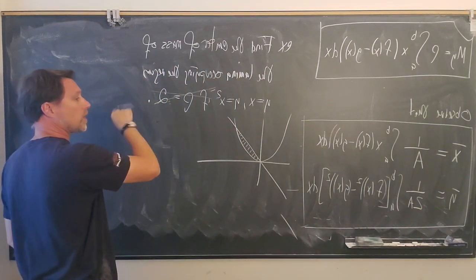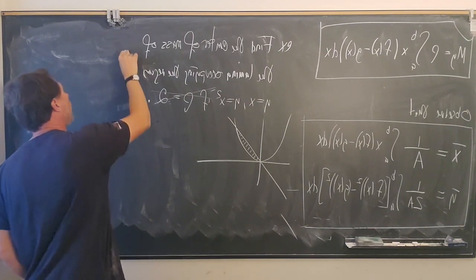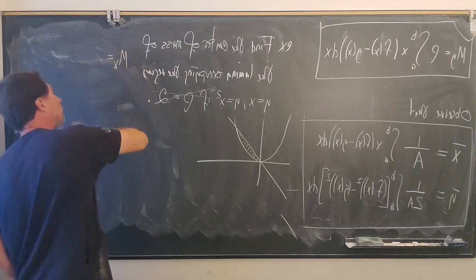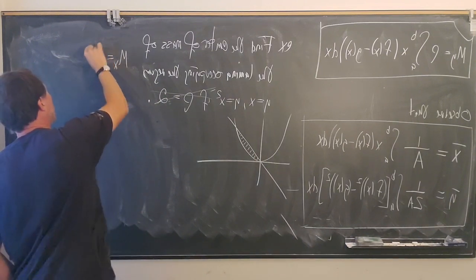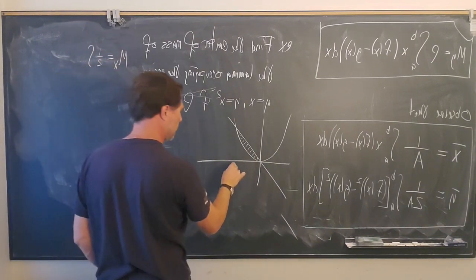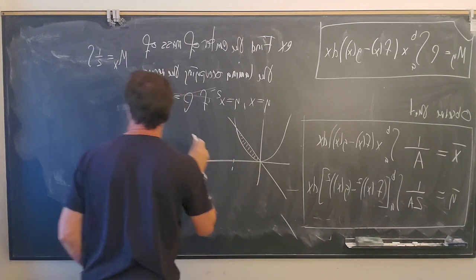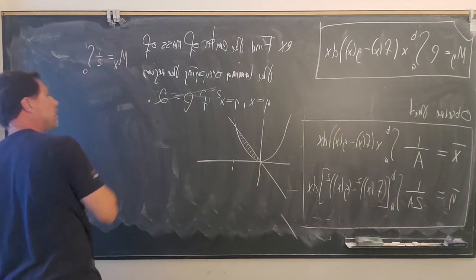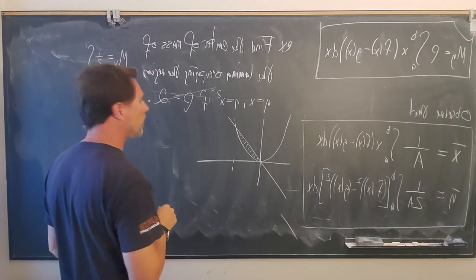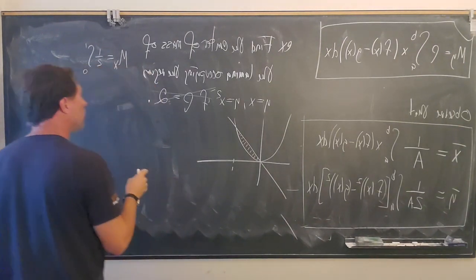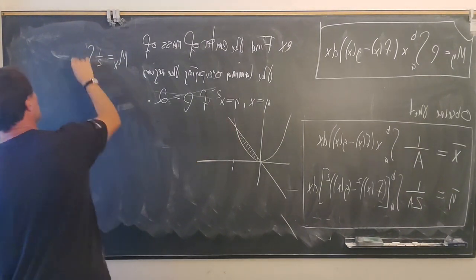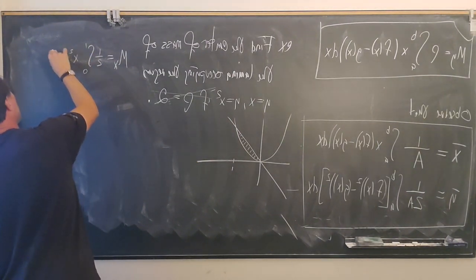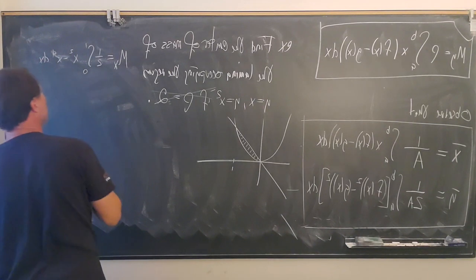So let's compute m sub x. That's going to be a 1/2 integral from, notice these intersection points are at 0 and 1, so it'll be 1/2 integral from 0 to 1. And then what are we doing? We're doing x bar, so that's going to be a 1/2 top function squared, so that's x squared minus x to the 4th dx.